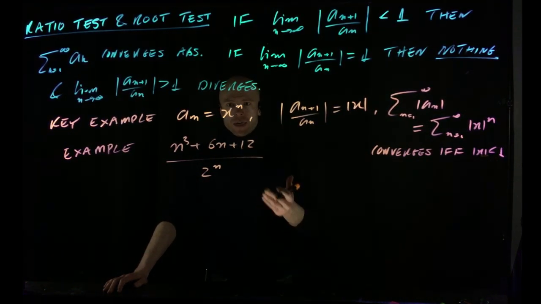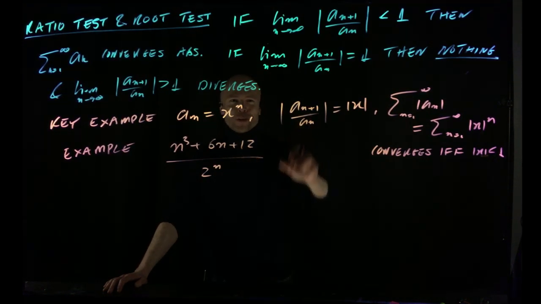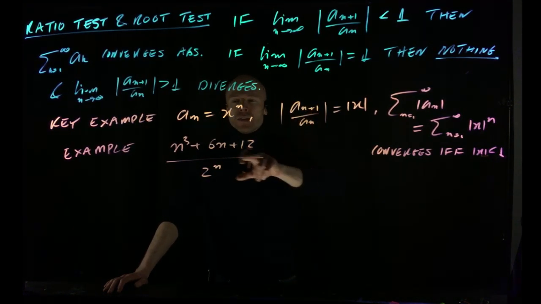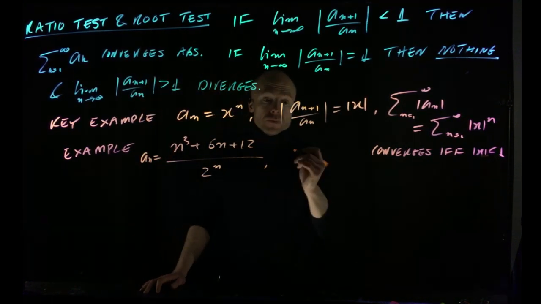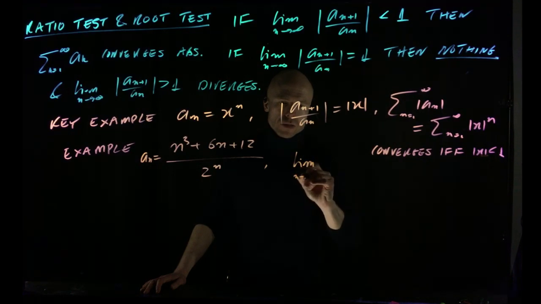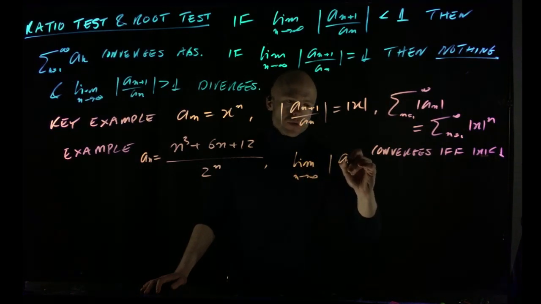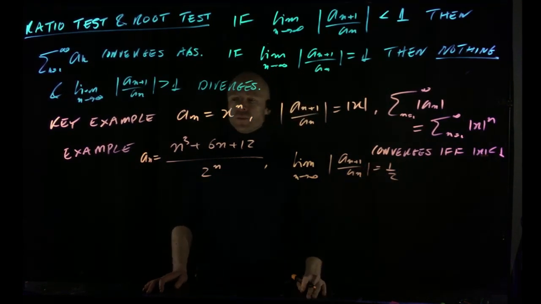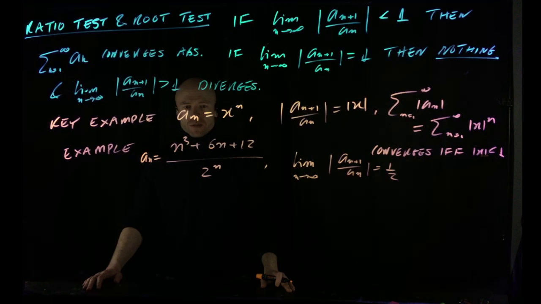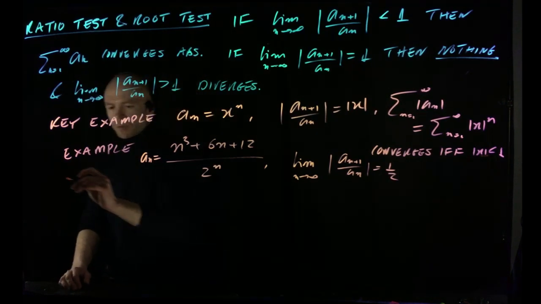When you plug that in and take the limit, I'm not going to do this because I'm running out of time, you'll just find the limit is equal to a half. So try it for yourself. The limit as n goes to infinity of a_(n+1) over a_n is just 1 over 2, because morally this thing really is just the geometric series 1 over 2 to the n, and the rest is superfluous detail. That's what the ratio test is doing.